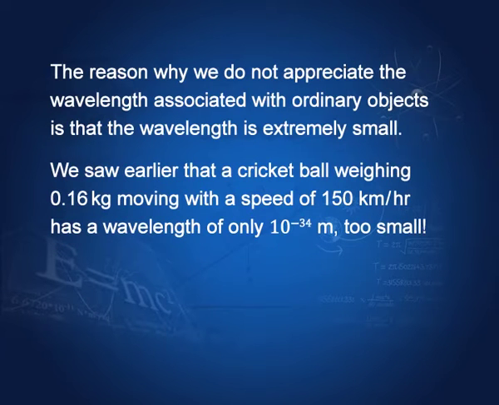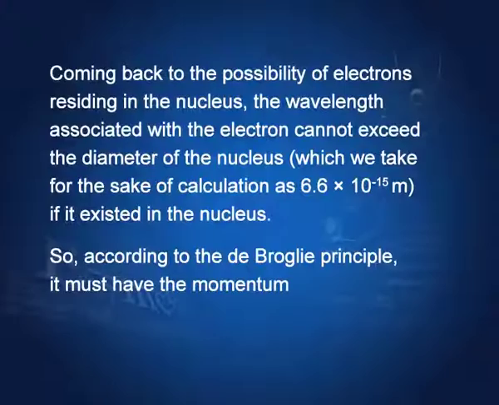The reason why we do not appreciate the wavelength associated with ordinary objects is that the wavelength is extremely small. You remember the exercise that we carried out. We had a cricket ball moving with a speed of 150 kilometers per hour, and we found its wavelength is extremely small, so you can't appreciate it. Now, if the electron exists inside the nucleus, then its wavelength at most could be equal to the diameter of the nucleus.